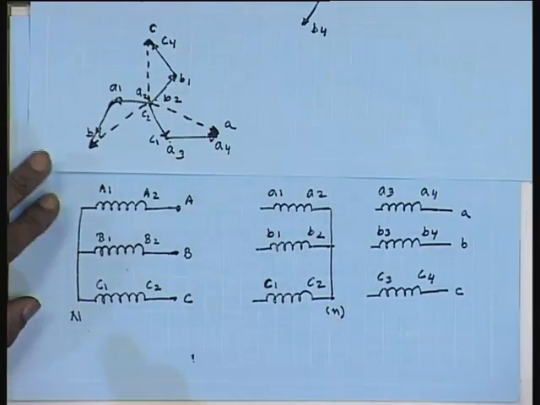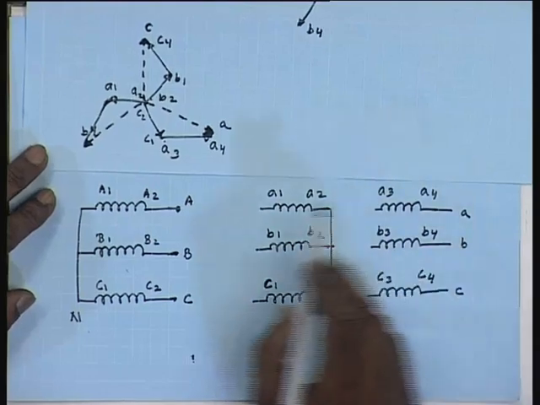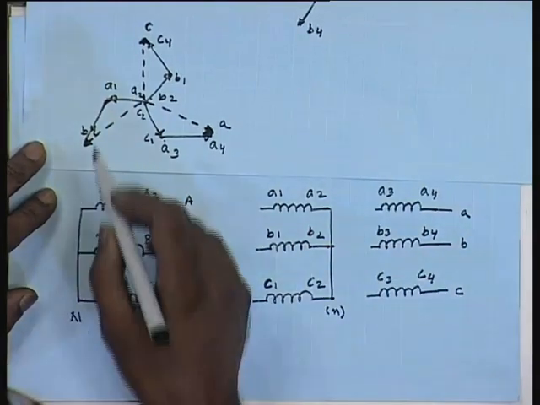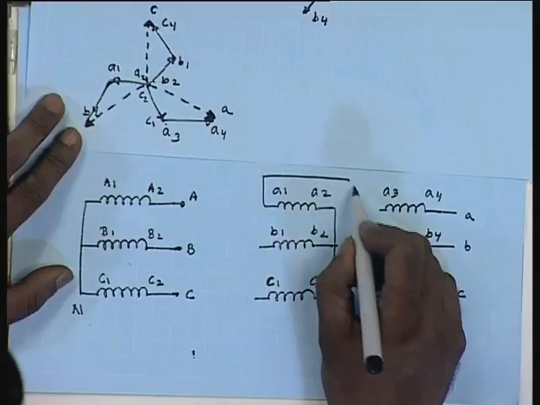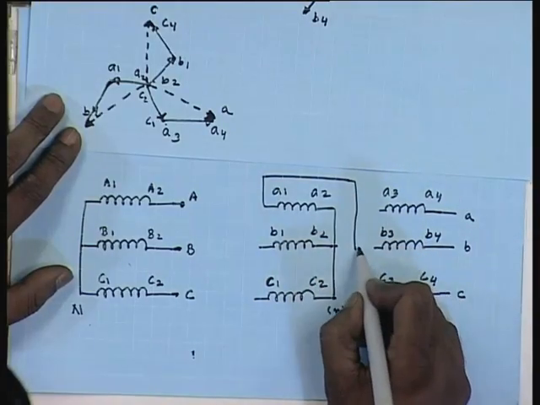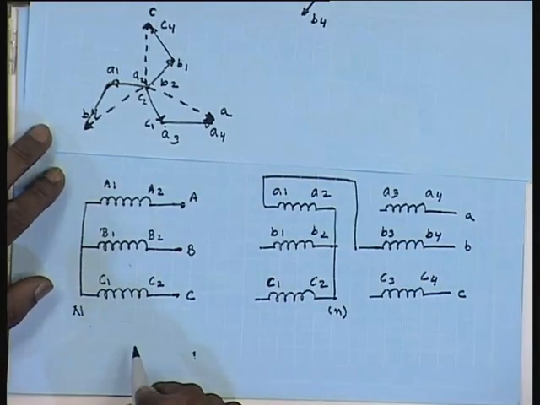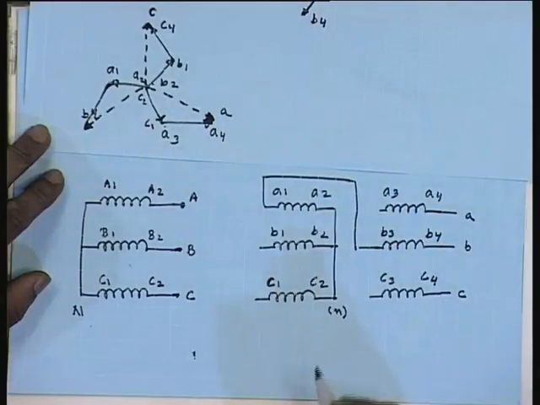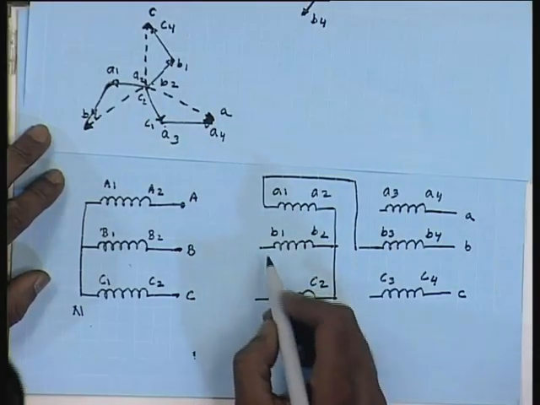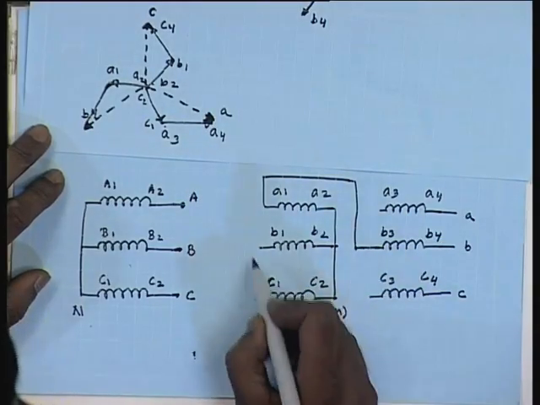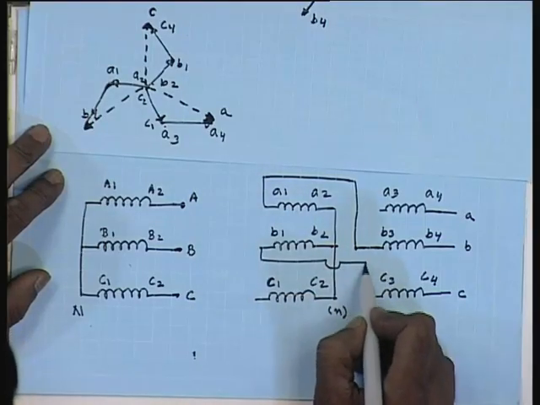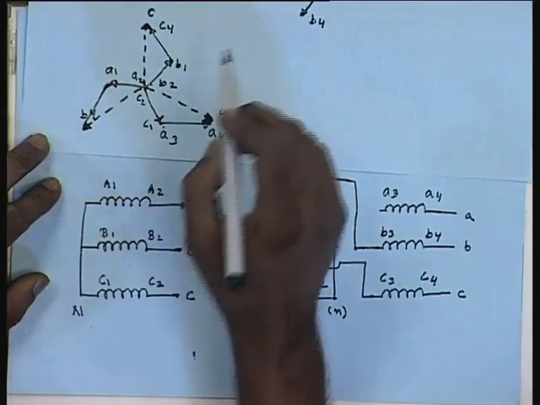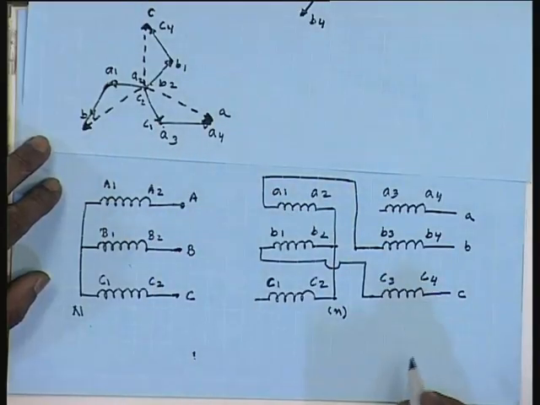Internal connection wise, we find that A1 is connected to B3, B1 is connected to C3, and C1 is connected to A3.